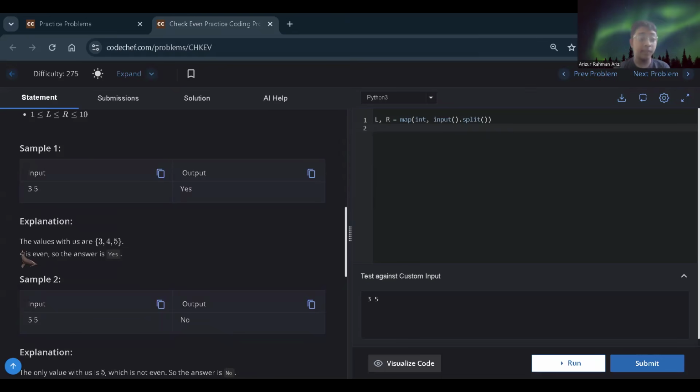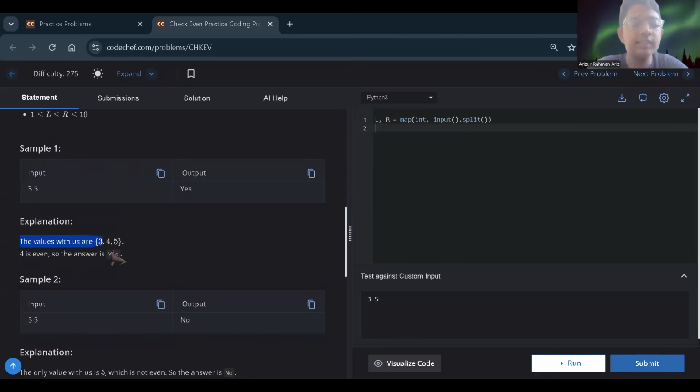In sample 1, the values with us are 3, 4, 5. 4 is even, so the answer is yes. So as of sample 1, L is 3 and R is 5.